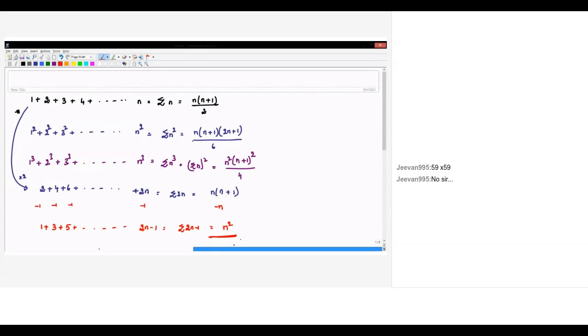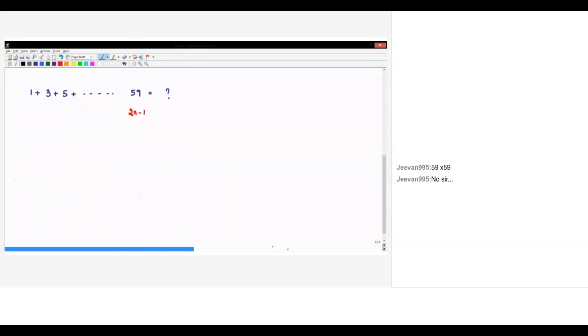Therefore, you can say 2n minus 1 is equal to 59. 2n is equal to 60. It is 30 square.